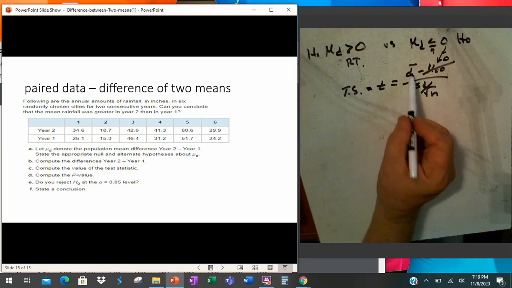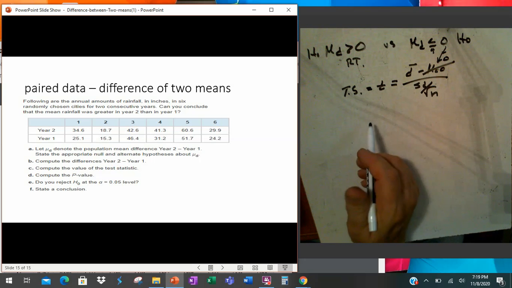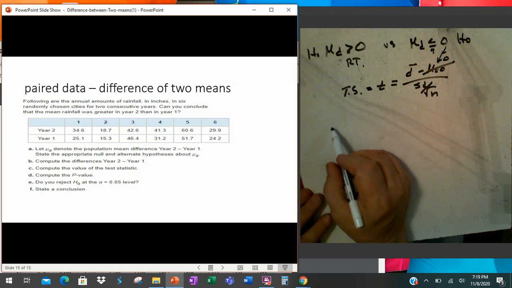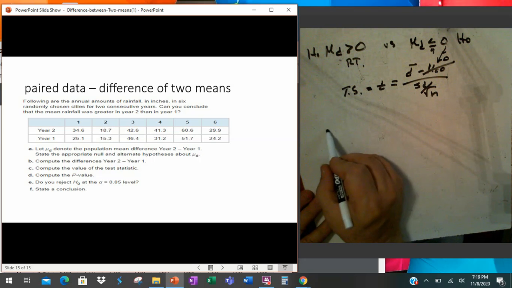So we need d bar and s, so we need the differences between those. I'm going to go through and just do it like this.